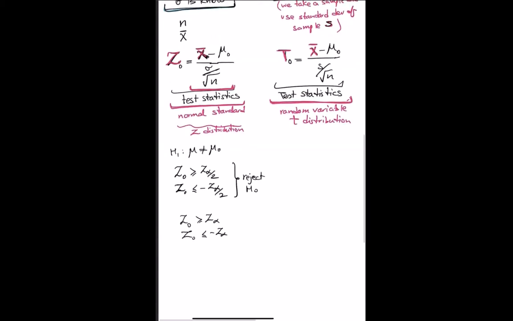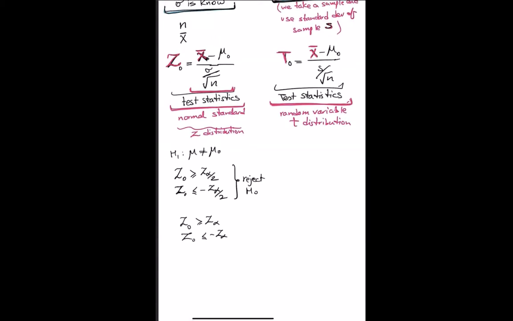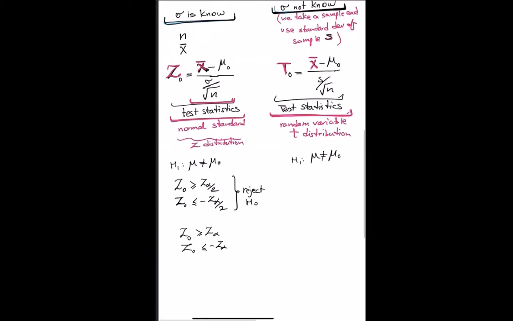We'll go over examples related to each one of them so we'll feel better. However, the same logic holds for a t-test. For example, if I'm doing a two-sided t-test, then when I calculate the value of this test statistic t naught, I'm going to compare it with t of alpha over 2, n minus 1, and minus t of alpha over 2, n minus 1.